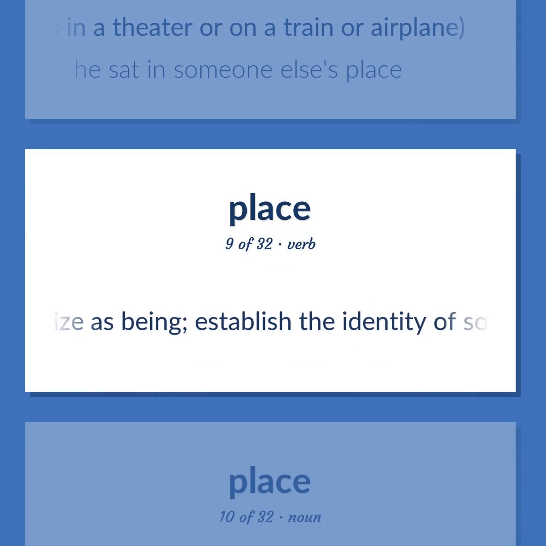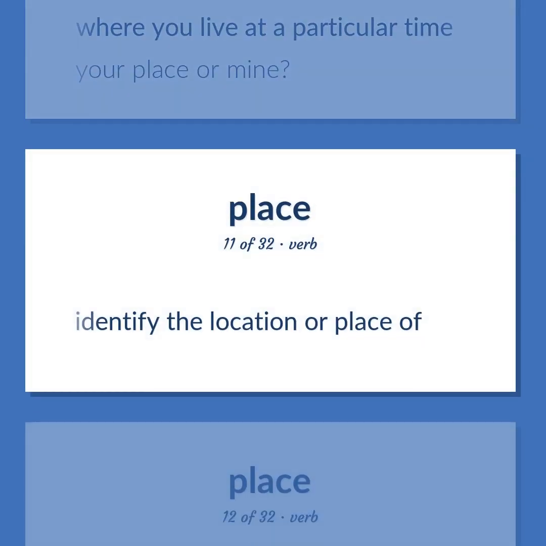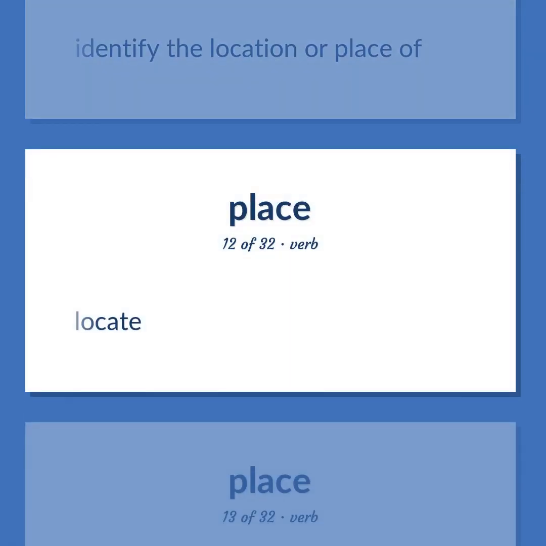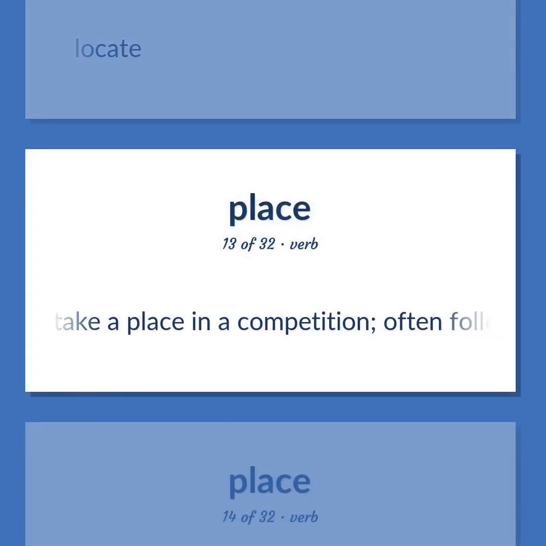Recognize as being. Establish the identity of someone or something. Where you live at a particular time. Your place or mine. Identify the location or place of. Locate. Take a place in a competition, often followed by an ordinal.